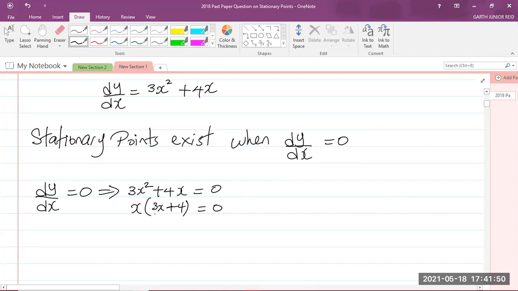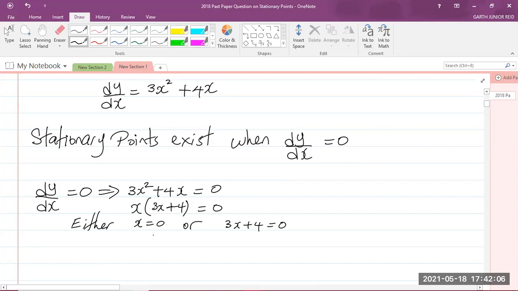So if you have x times 3x plus 4 equals 0, it means that either x is equal to 0 or 3x plus 4 equals 0.